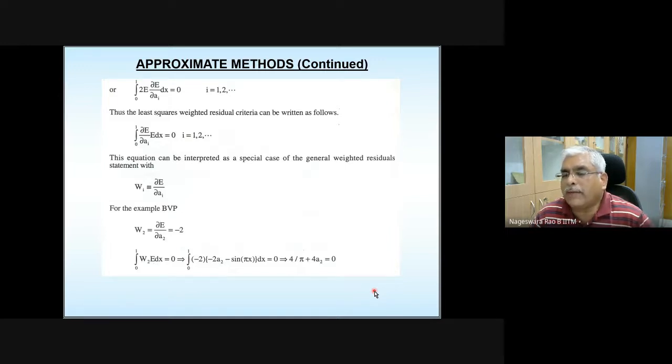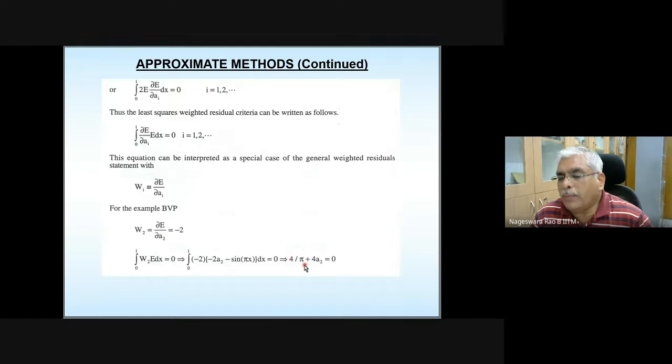If it is 2 or 3 equations, you can solve by hand. Or if you want to implement it in computer code, you need to use Gauss elimination or something like that. So finally, you end up solving a linear system of equations to get the unknown parameters, A2.